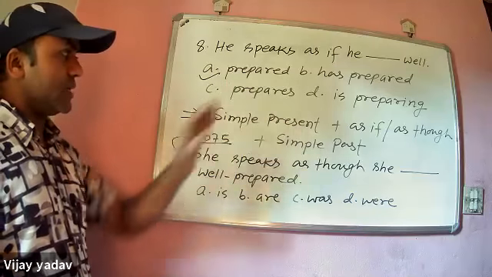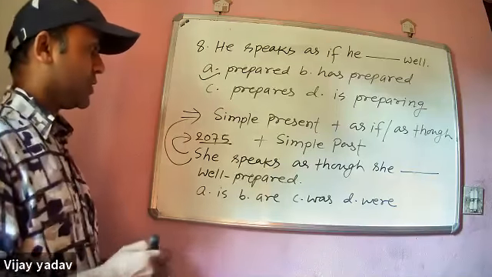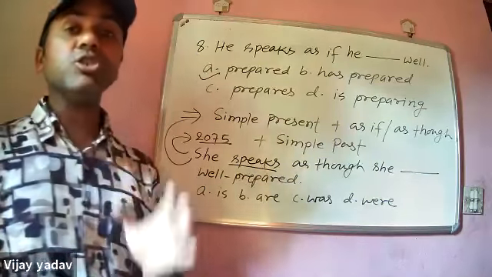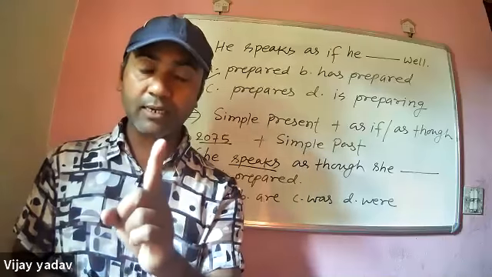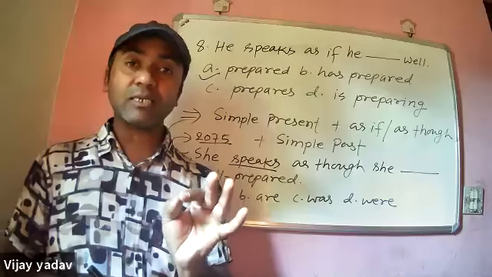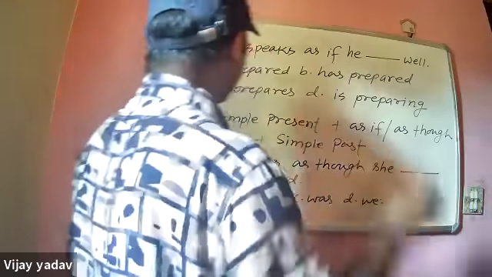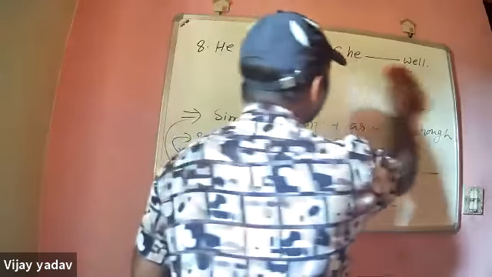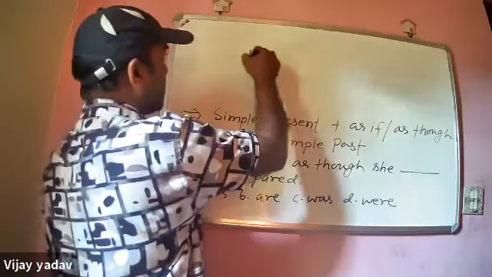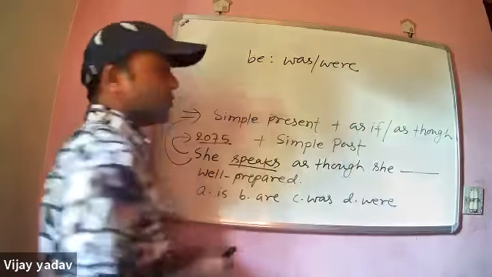So you find the same structure. It follows the same structure. Here, simple present, and after as if, as though we use simple past. But remember, after as if, as though in simple past, if we use a be verb, then what is the past form of be? Past form of be: was, were.